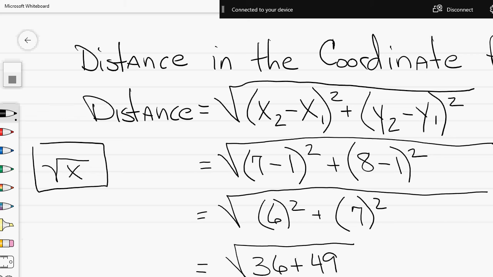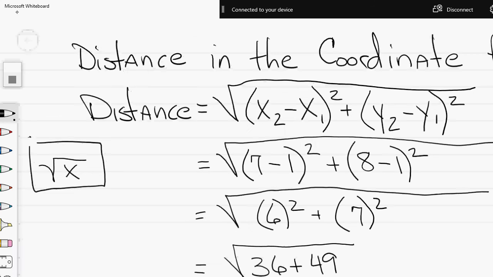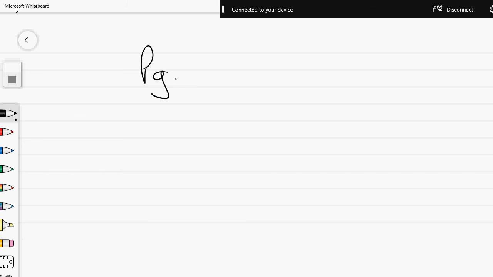Here's your assignment for today. On page 30, you're doing problems 1 through 10. All right. Some of those are distance on the number line. Some of those are distance on the coordinate plane.